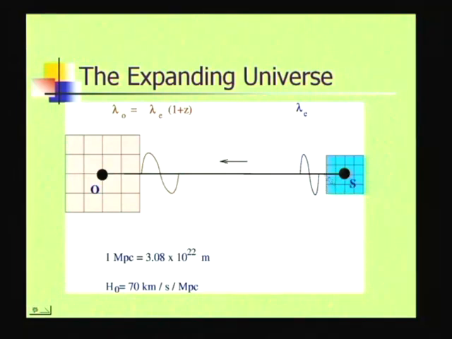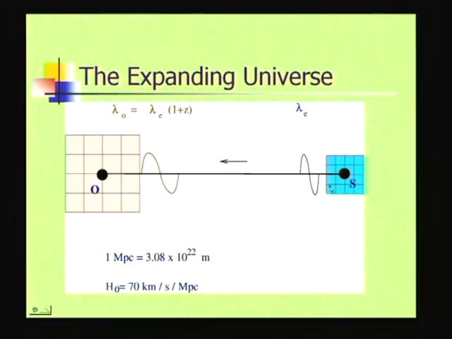So, sometime in the future the separation between these galaxies has increased and the same part of the universe now looks like this. So, all that has happened is that the grid spacing of the graph paper has increased.